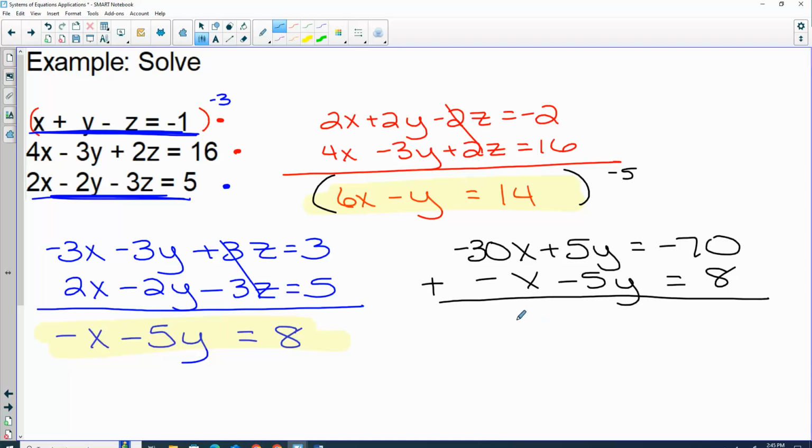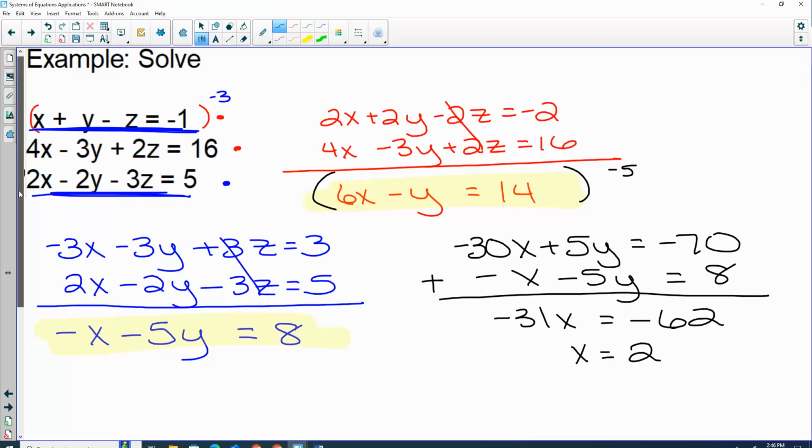Right now, these together. Divide and I get x to equal 2. Now what do we do? Plug it back in.